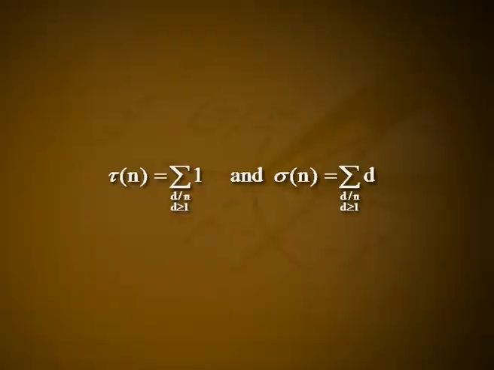That is, tau from N to N and sigma from N to N are functions defined respectively as tau of n equals the sum over d dividing n, d greater than or equal to 1, of 1, and sigma of n equals the sum over d dividing n, d greater than or equal to 1, of d.